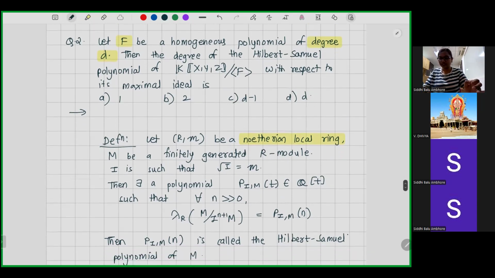You can check that again. This polynomial ring here is not the same as the polynomial ring. Let me write this: R equal to k[[x, y, z]] is a local ring. You can check this.